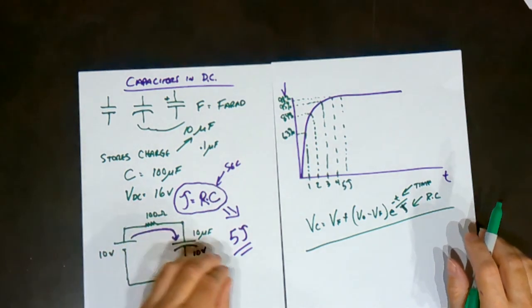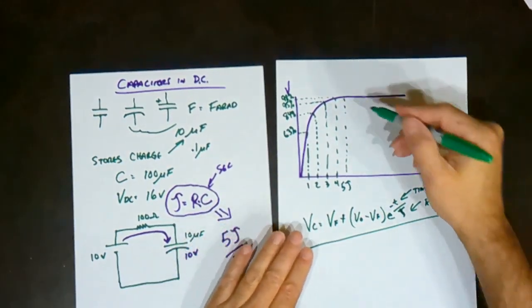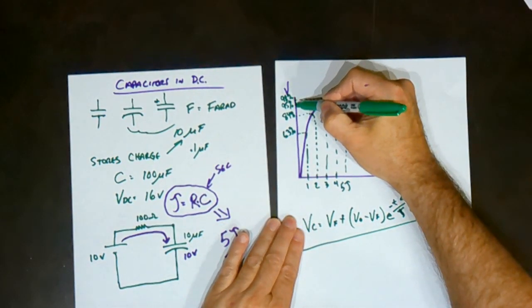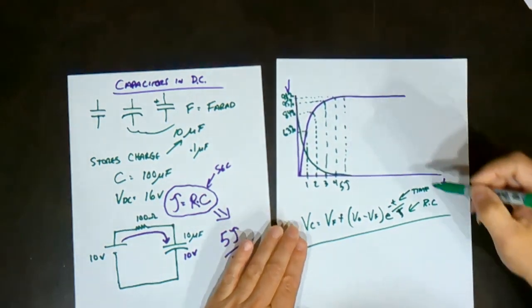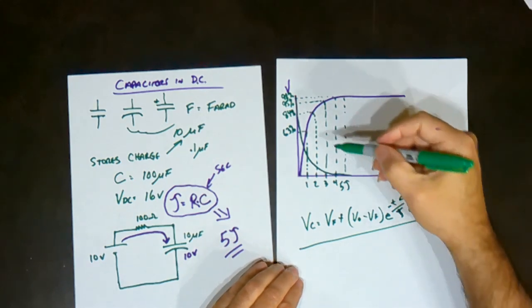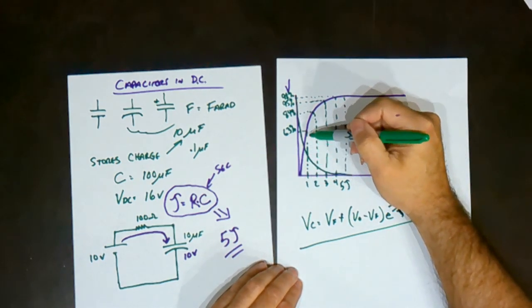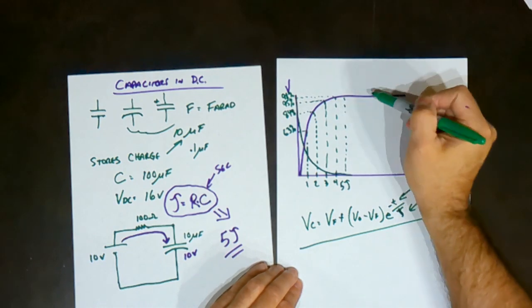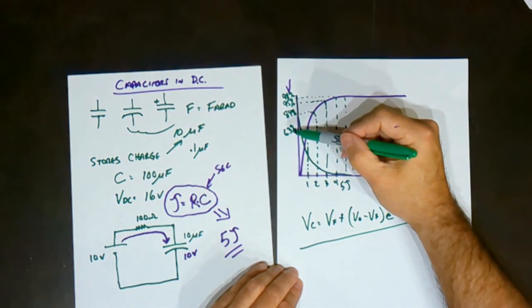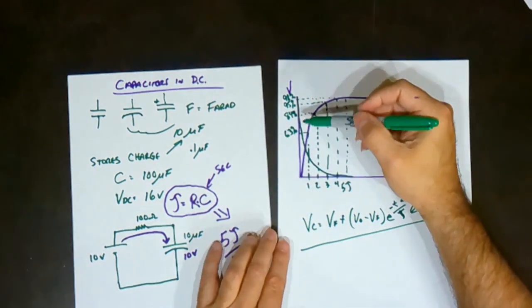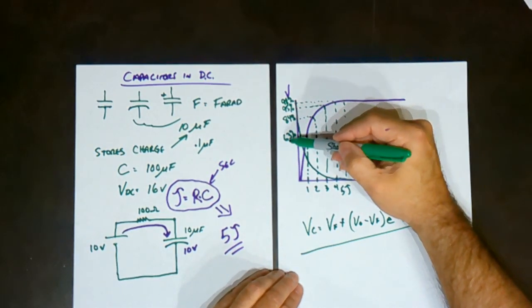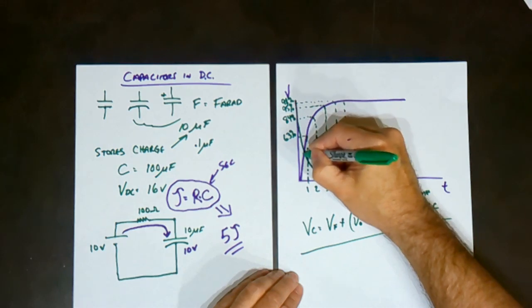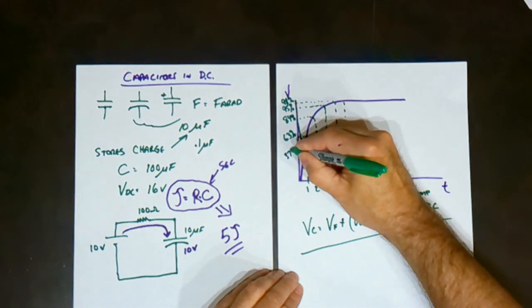If we are discharging a capacitor, the discharge curve looks exactly the same, only opposite. So, after 1 tau on the charge time, I gain 63%. If I'm discharging the capacitor from full, on the discharge, I'm losing 63%. So what I have left is 37%.